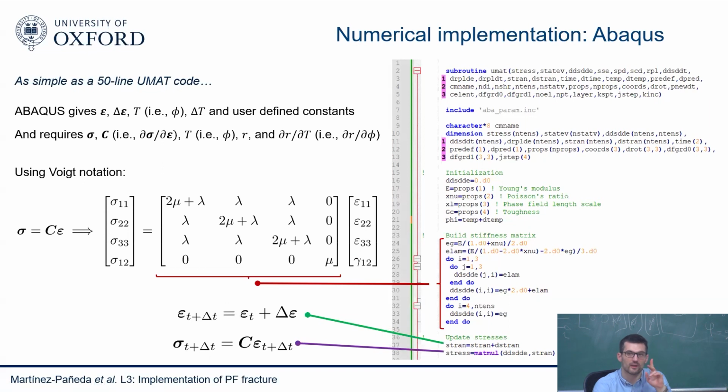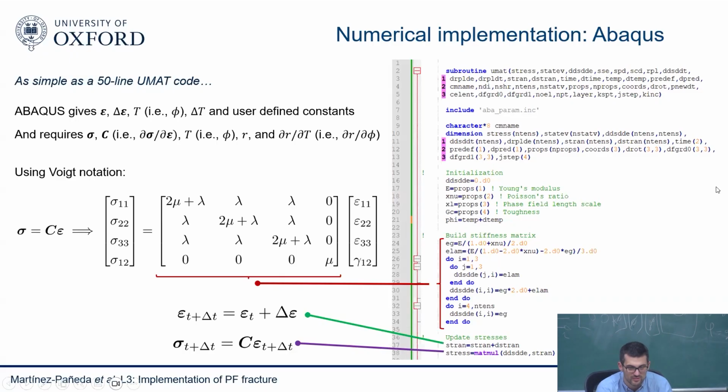So I should clarify one thing. Since the 2020 version, I think it is, Abaqus, before, if you wanted to do something related to temperature, you had to do it in either a UMAT HT, which is the UMAT for heat transfer, or a HETVAL, which is some sort of heat generation subroutine. And since 2020, the source term and the derivative of the source term in a heat transfer problem can be defined in the UMAT as well.